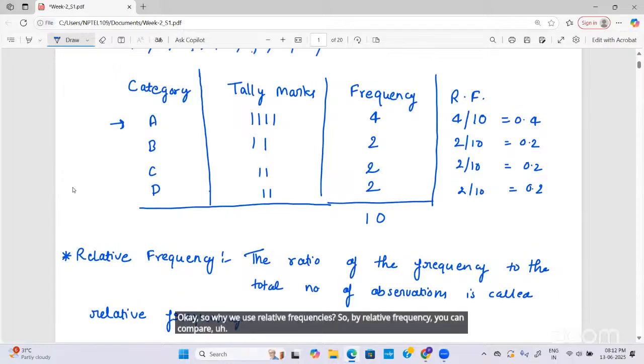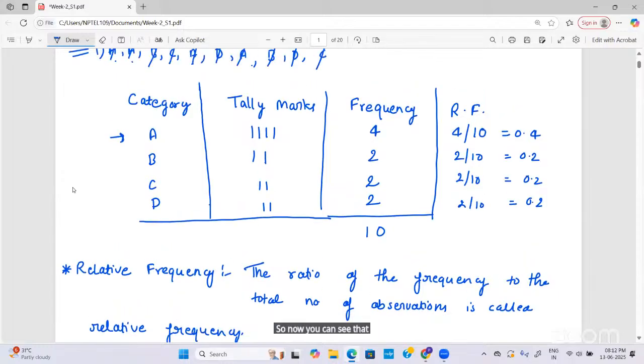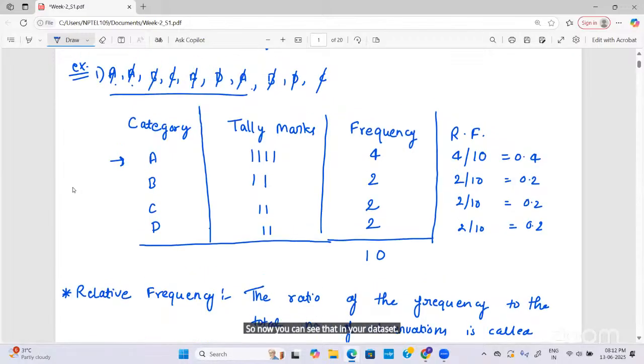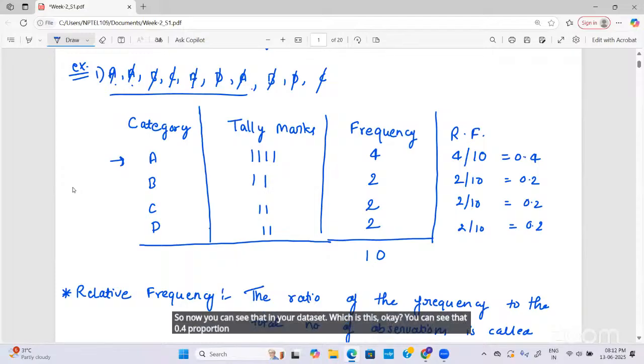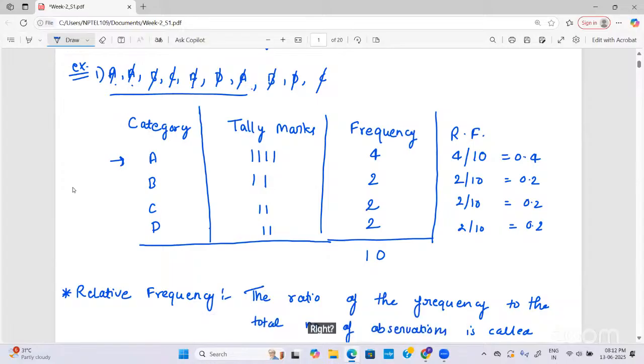Why we use relative frequency is, by relative frequency, you can compare within your data set. You can see that 0.4 proportion, or you can say 40% of the entire data set, is A. And 20% is B, the remaining 20% is C, and the remaining 20% is D. It can be different values as well.